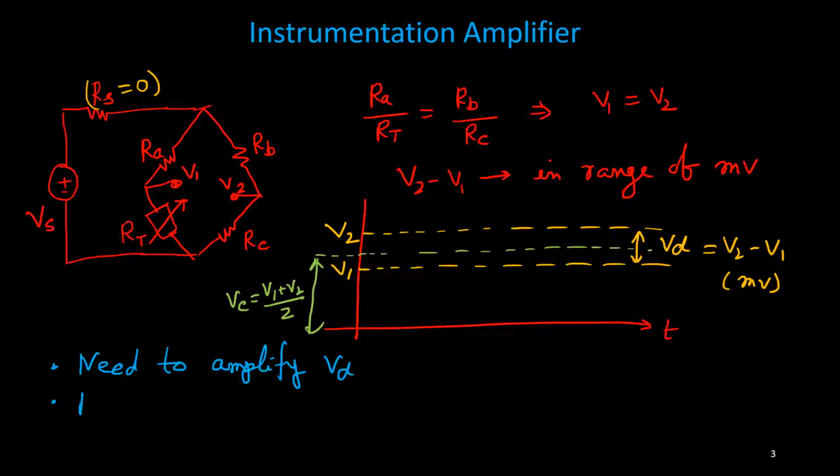We want to reject Vc, which means in the output there should not be any component of Vc. Vc should not be amplified, it should be rejected rather.